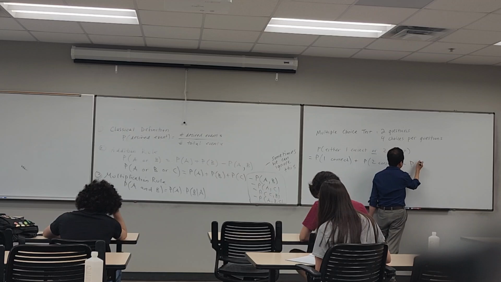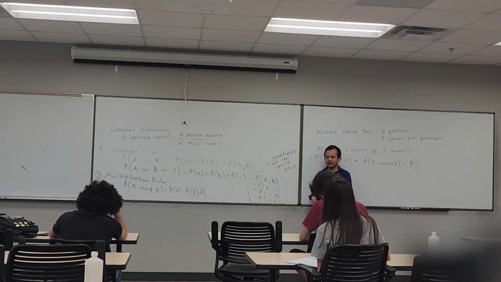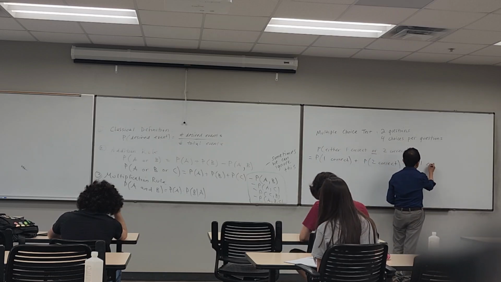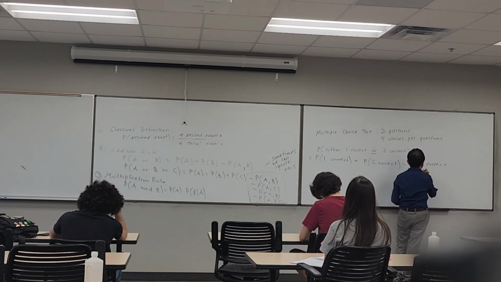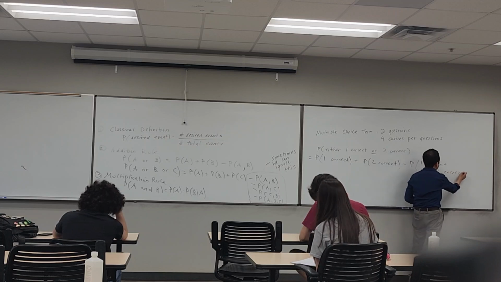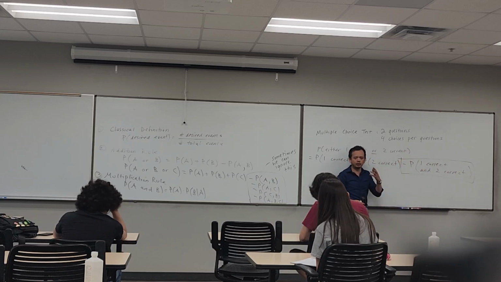And then subtract the probability that on the same test you get both one correct and two correct together on the same test. But what do you think this subtraction ends up being? What's the probability of getting both one correct and two correct at the same time on the same test?